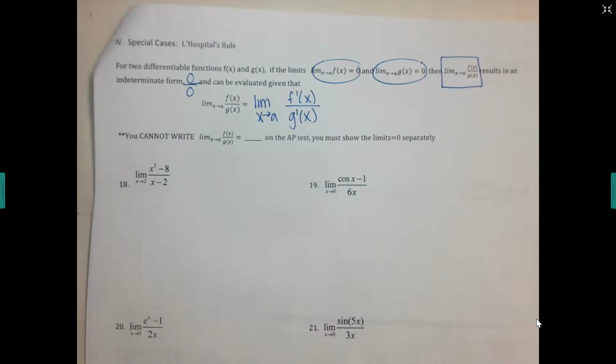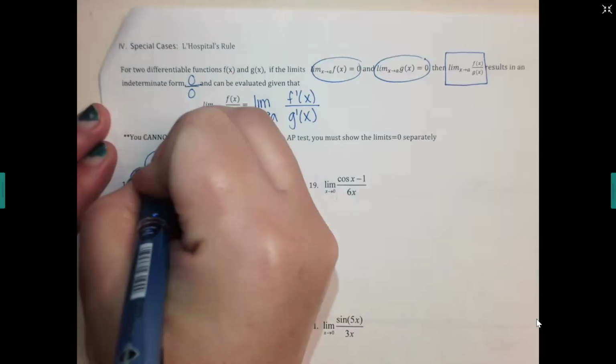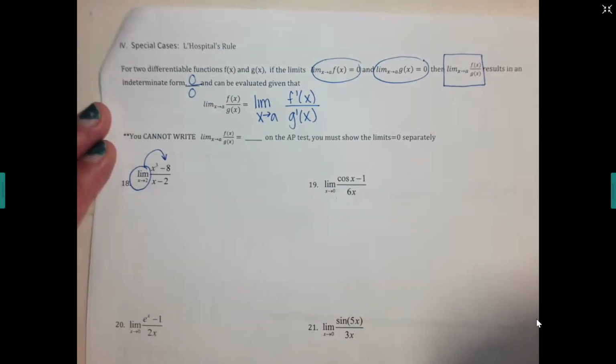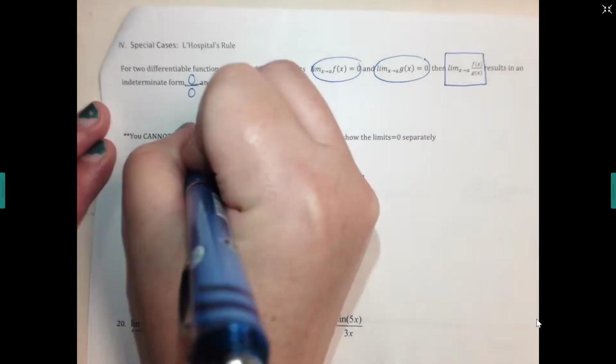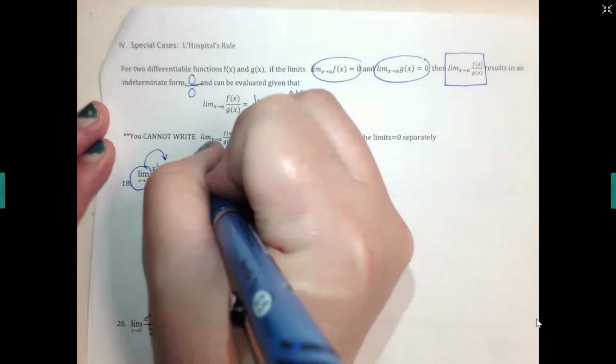Take a look at number 18. But this only works if it's a 0 over 0. x is approaching 2. So my first method would be just to plug in a 2, right? So I get 2 cubed minus 8 over 2 minus 2.